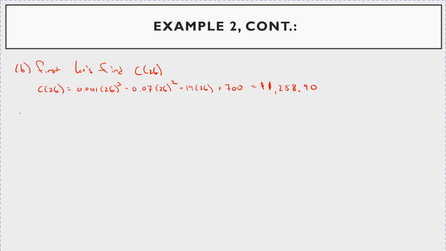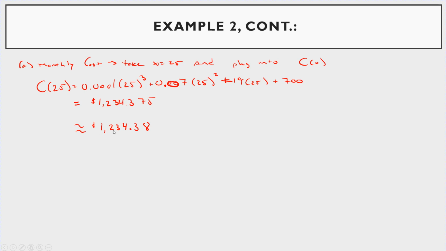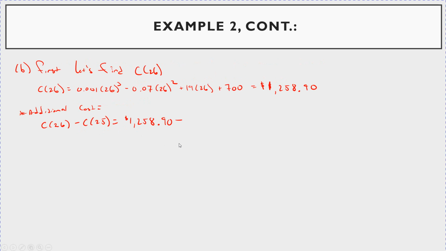So then the additional cost here is just C of 26 minus C of 25. C of 26 is $1,258.90 minus, going back, $1,234.38.